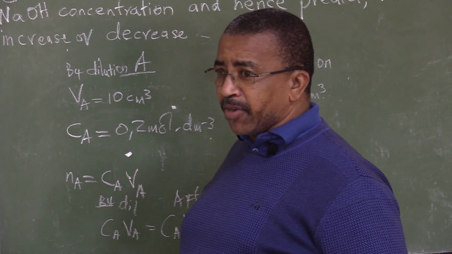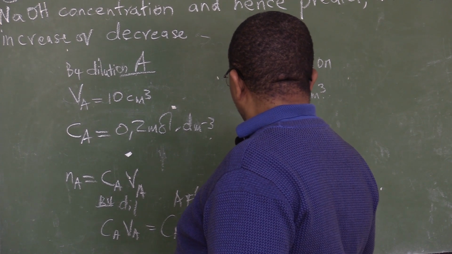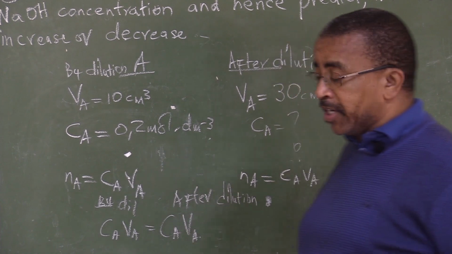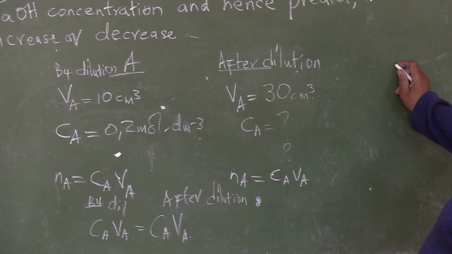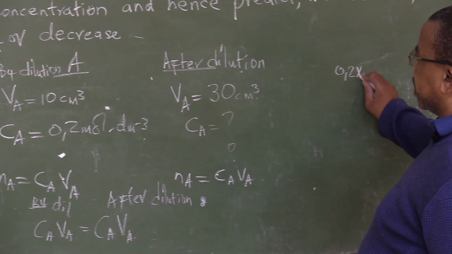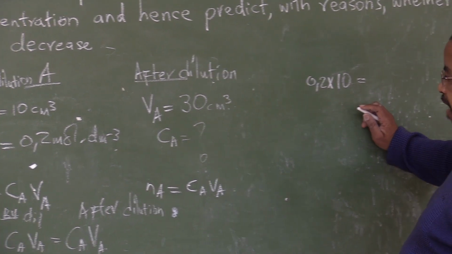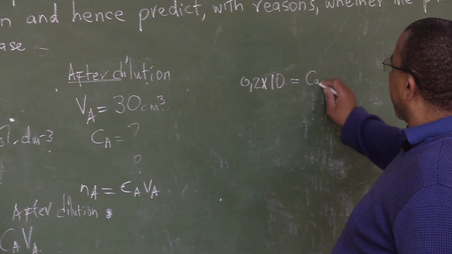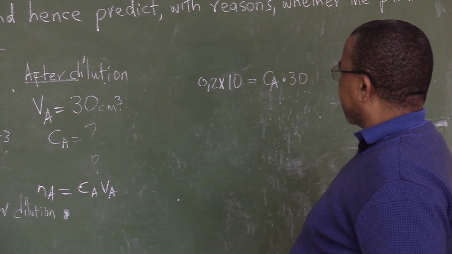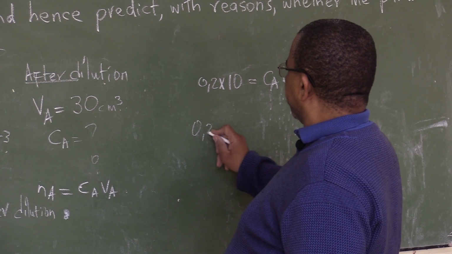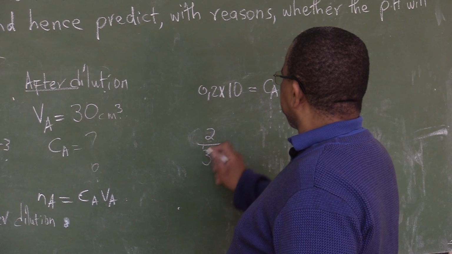Very tricky question. So we have 0,2 times 10 equals the concentration after dilution, which we want, times volume 30. Then we have 0,2 times 10, which is 2, divided by 30.